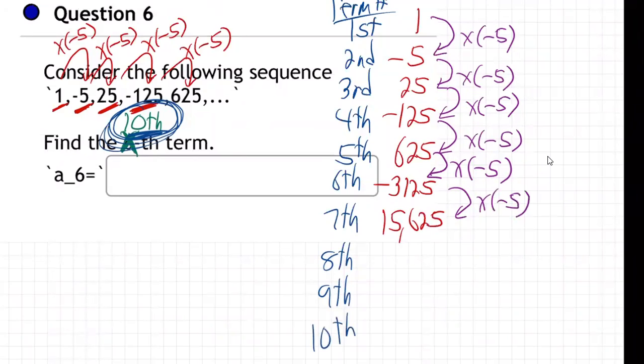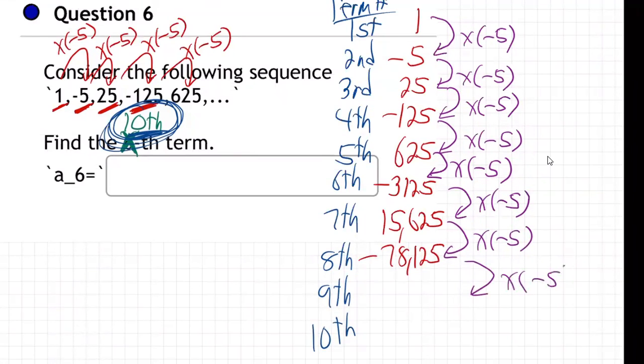15,625, and do it again. I'm just going times 5, honestly, and then just changing the sign. This will be -78,125. They're getting big. And then again, times -5.